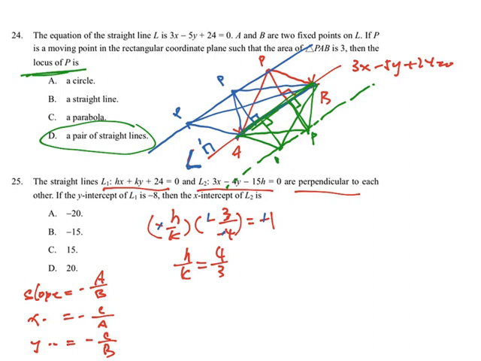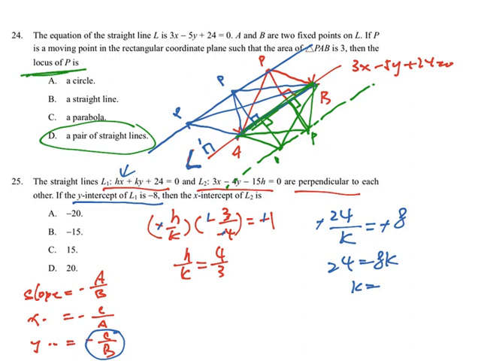We know the y-intercept of line 1 is -8. So for line 1, because the y-intercept is -c over b, that means -24 over k is equal to -8. The negatives cancel. 24 equals 8k, so k is equal to 3.